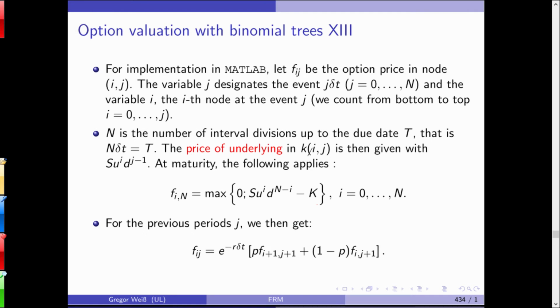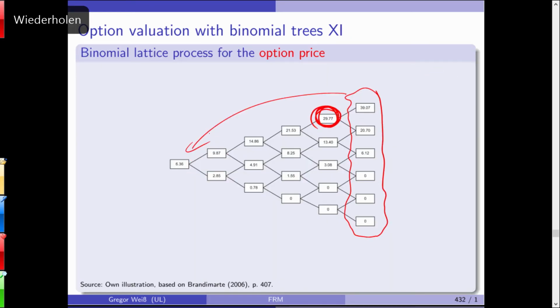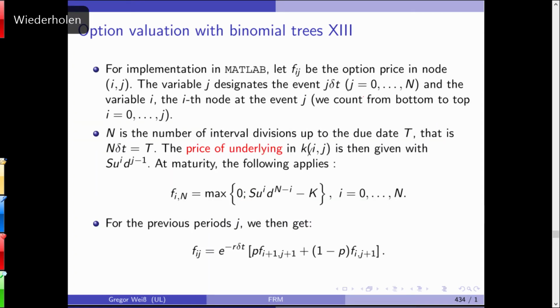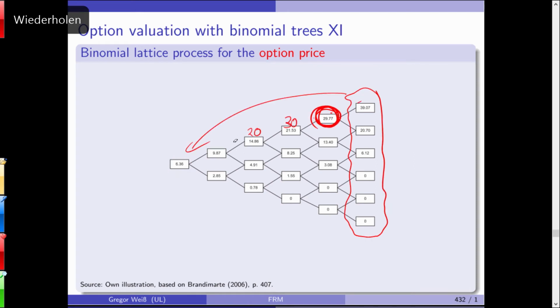For the implementation in MATLAB, let Fij be the option price at node ij. So, for example, here, this is 1, 0, 2, 0, 3, 0, and so on. And the variable j designates the event j times delta t, and the variable i is the ith node at the event j. So, okay, not quite.